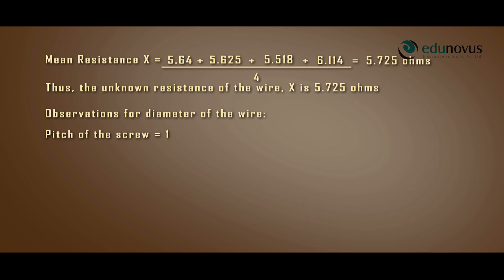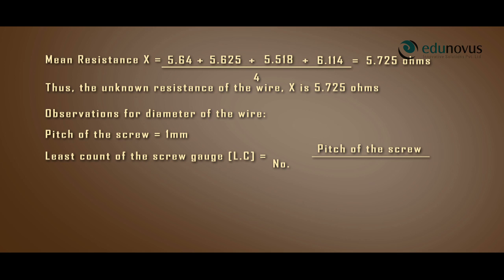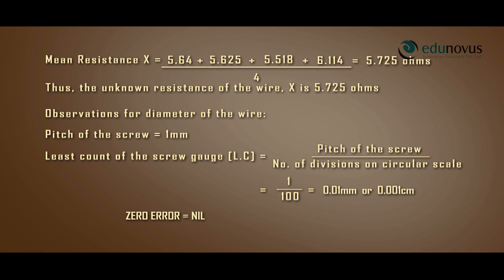Pitch of the screw is equal to 1 mm. Least count of the screw gauge LC is equal to pitch of the screw divided by number of divisions on the circular scale, which is 1 by 100, that is equal to 0.01 mm or 0.001 cm. Zero error is equal to nil. Zero correction C is equal to 0.